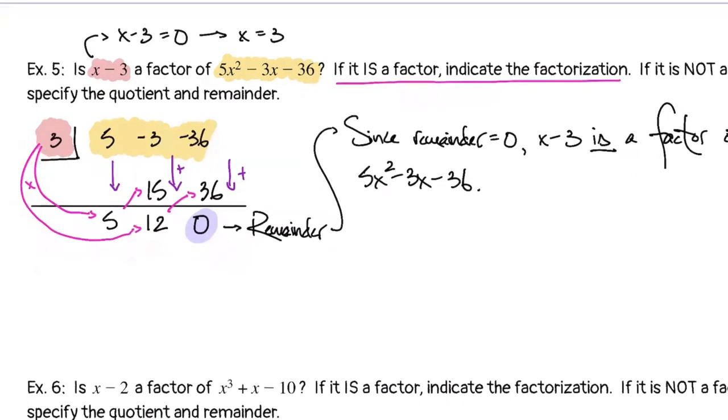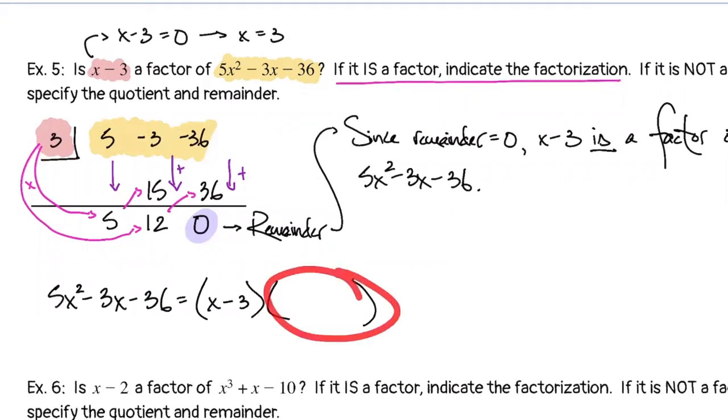Here's what I mean by that. 5x squared minus 3x minus 36 is equal to x minus 3 times something else, like a linear factorization. What is that something else?